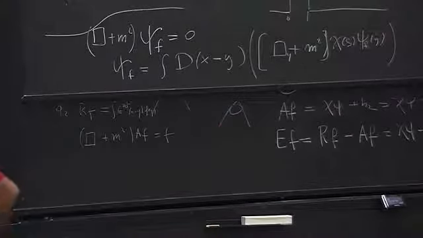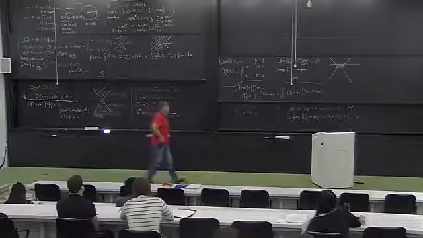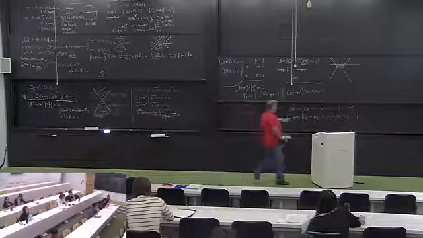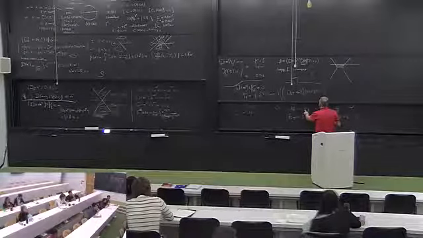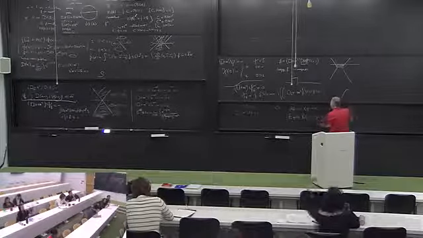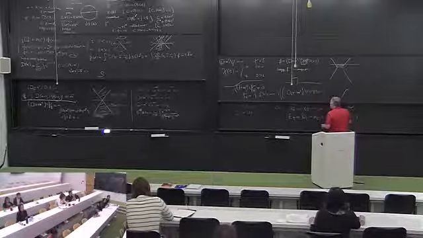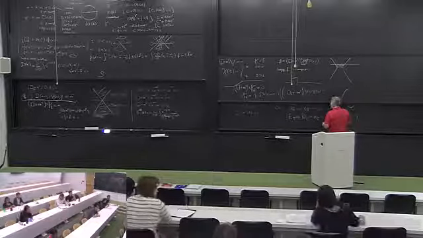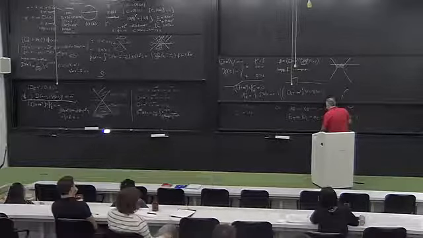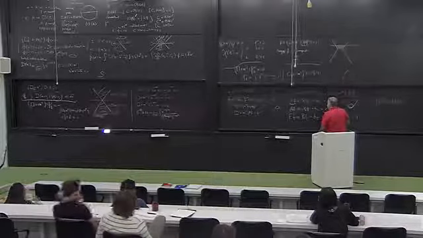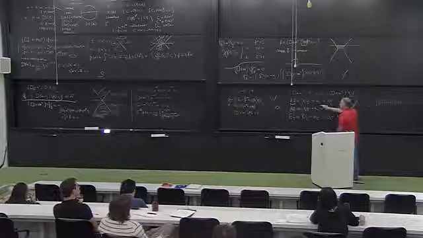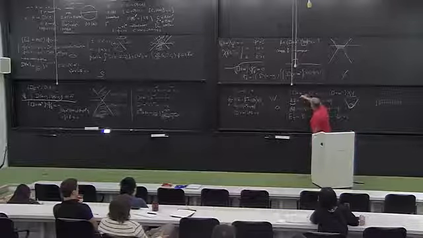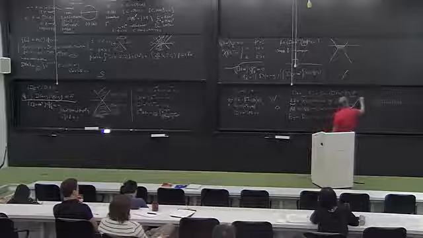Why could you set h equal to 0 in the first case, in RF? Because chi, the support of the advanced support, no, I was wrong maybe. For the retarded one, the retarded support is this way. Chi has support for t bigger than 0.